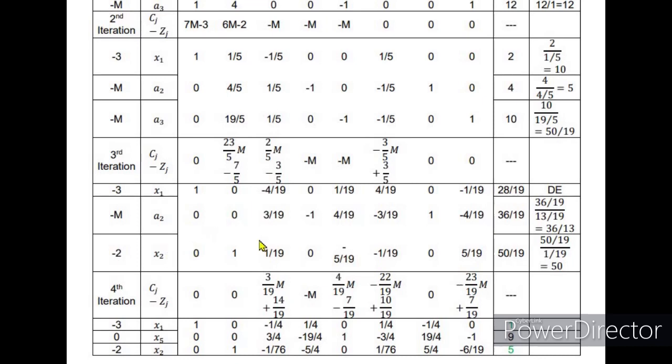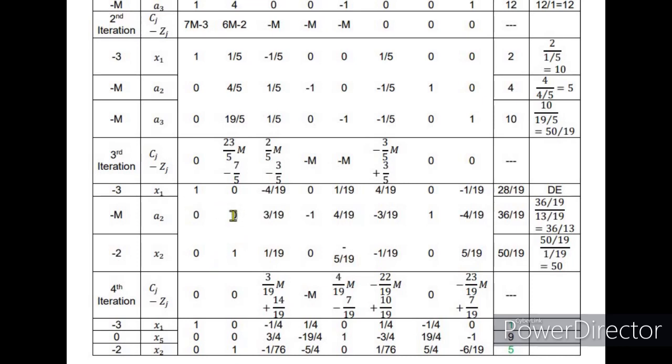Okay? So first, we rewrite one row at a time. So we rewrite this row, a sub 2. To rewrite that, this value should be 0, for us to have an identity matrix.